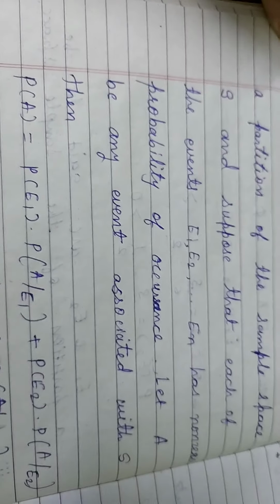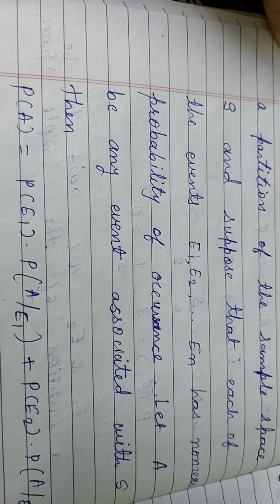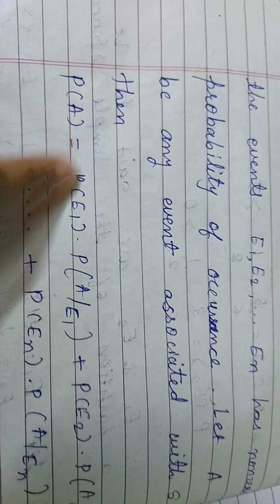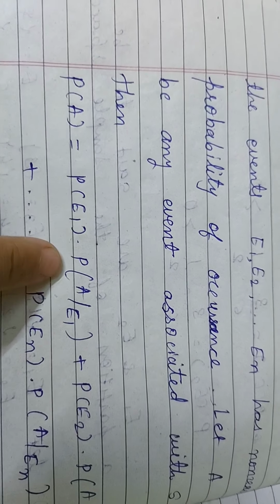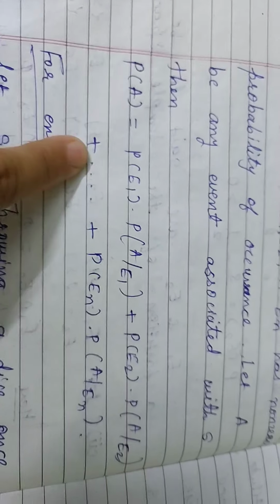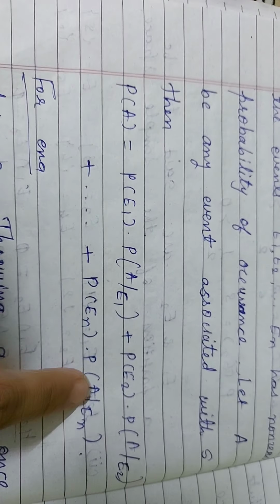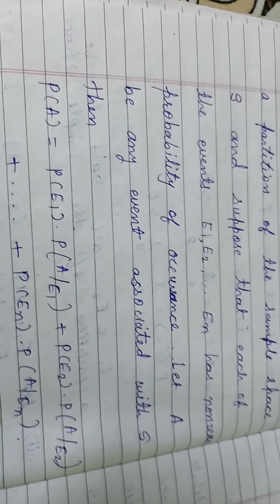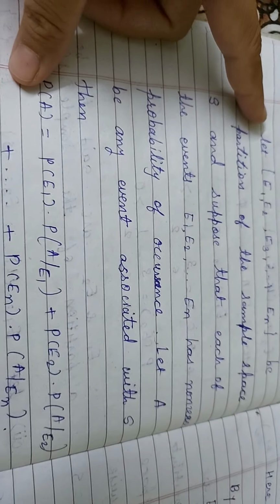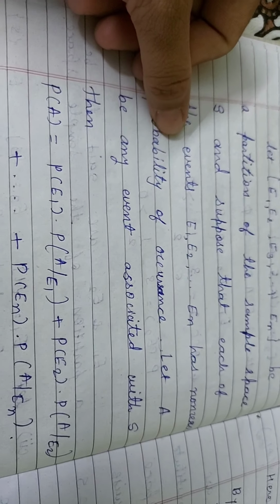Let A be any event associated with them, then probability of A is equal to probability of E1 into probability of A given E1, plus probability of E2 into probability of A given E2, plus so on up to probability of En into probability of A given En. Now this is one of the important things to be understood. So what is the total probability?